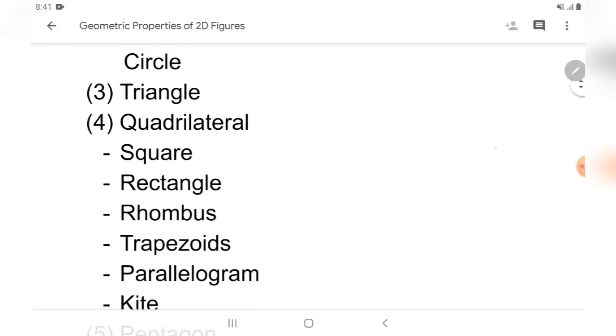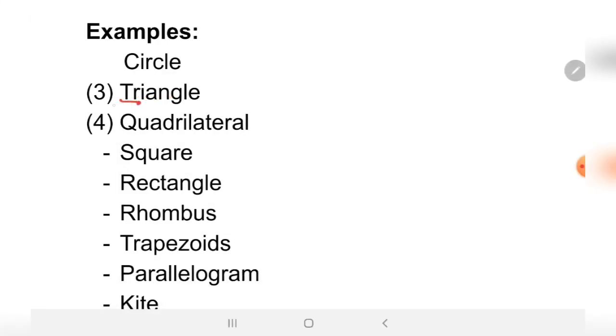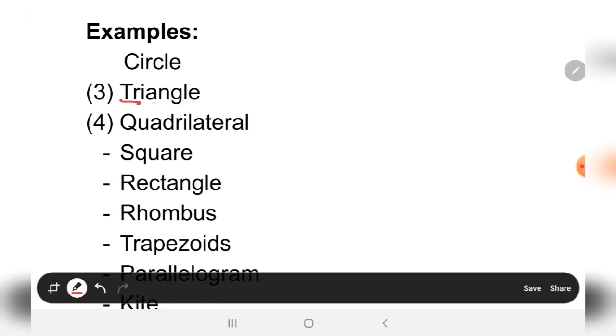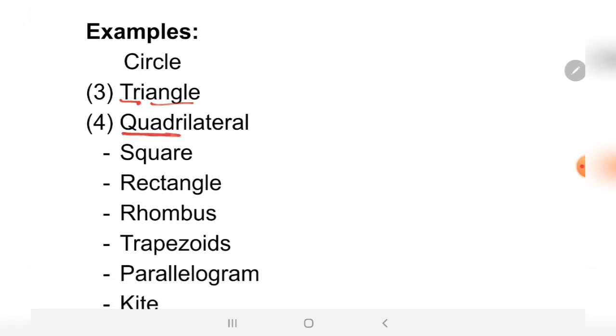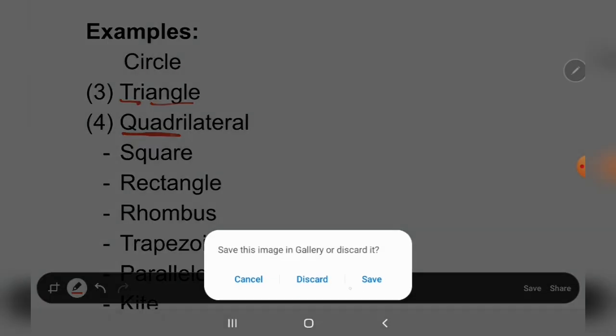Next is pentagon. Triangle is from the word tri, meaning 3, and then angle. Next is quadrilateral, from the word quad, meaning 4.